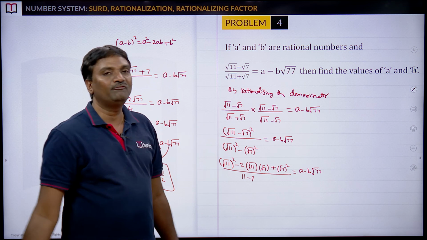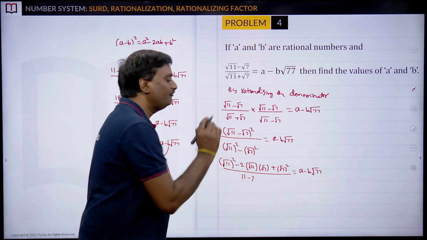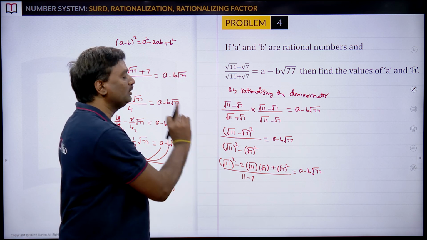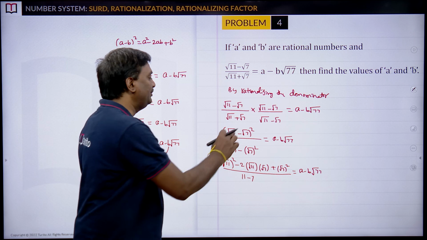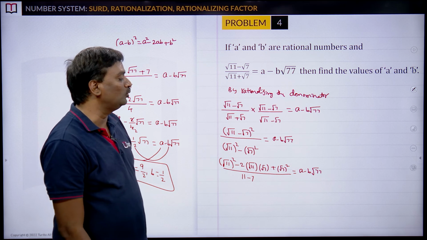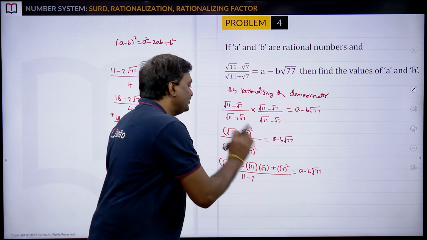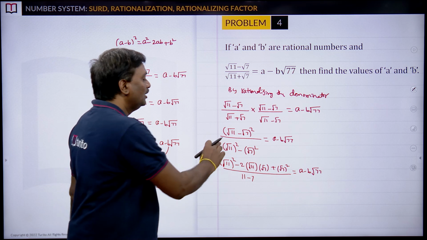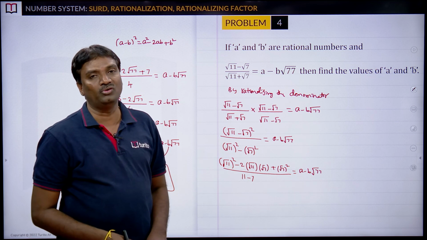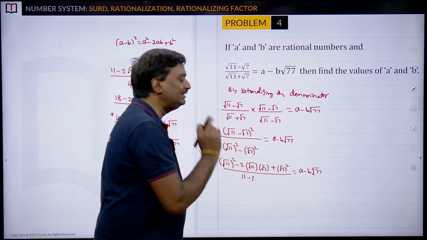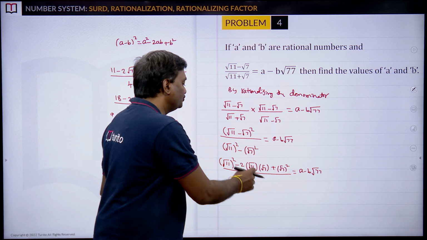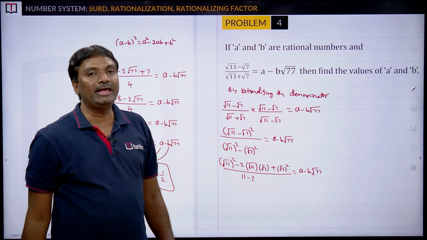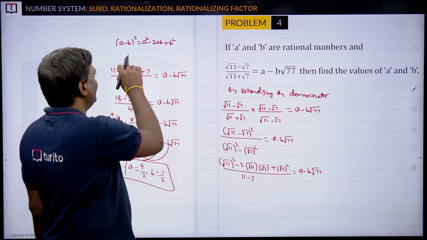In place of a we have root 11, in place of b we have root 7. So root 11 whole square minus 2 into root 11 into root 7 plus root 7 whole square, by root 11 whole square minus root 7 whole square. Root 11 whole square is 11, root 7 whole square is 7, equal to a minus b root 77.